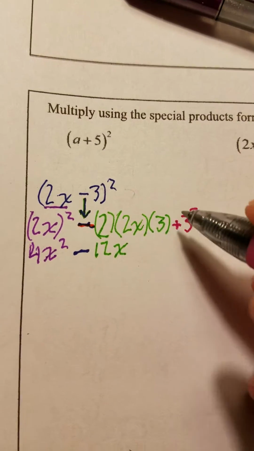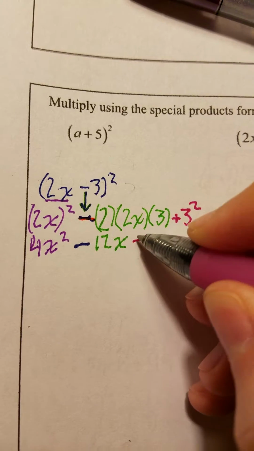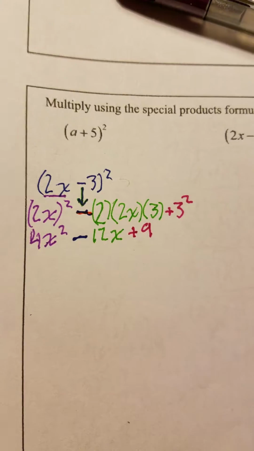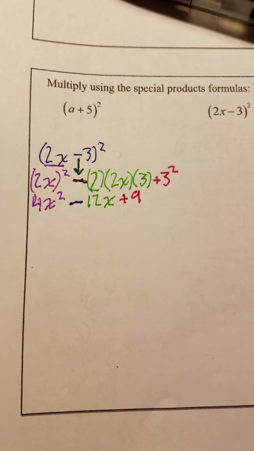And then what is 3 squared? 3 squared is 9. So that will be your final answer there.